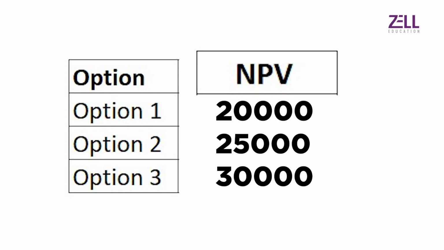Now, the total investment the company needs is 16 lakhs, but the company only has 11 lakh rupees. So what will the company do? It will choose the option which gives them the best returns. So in this scenario, it will choose option 3 and option 2 because they are giving them the total best returns.